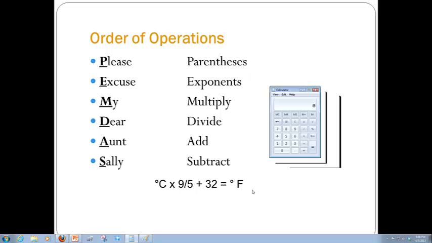So to illustrate what happens when you do not perform the mathematical operations in the correct order, let's start by adding 5 plus 32 this time. 5 plus 32 equals 37. I'll submit that to memory. Then we'll go back and do the 37 degrees Celsius times 9.